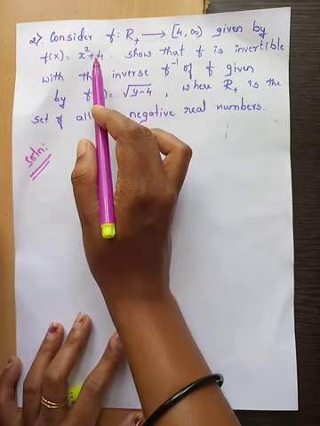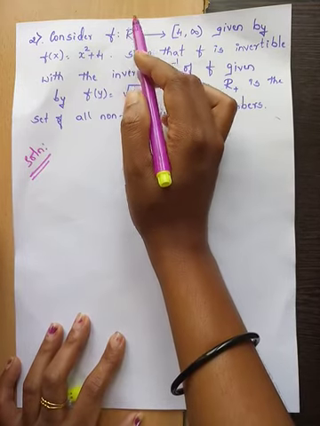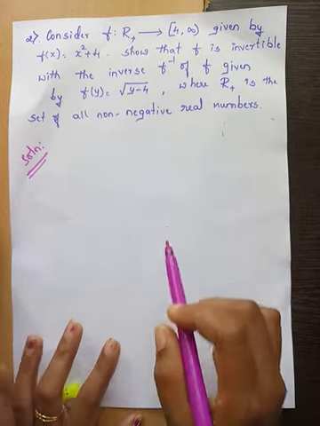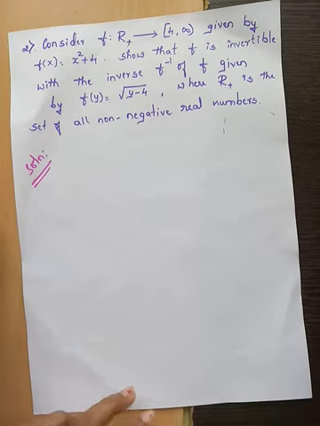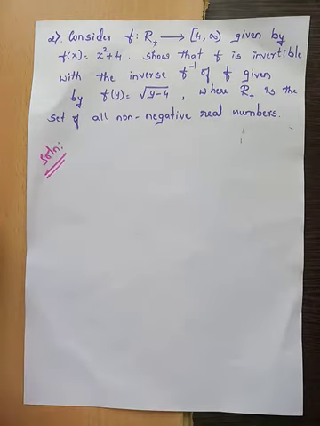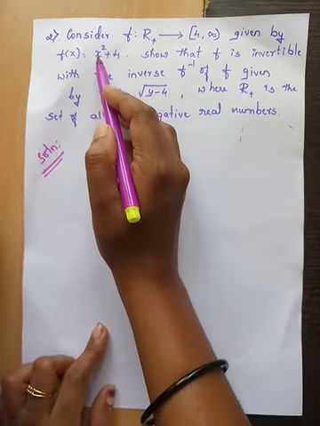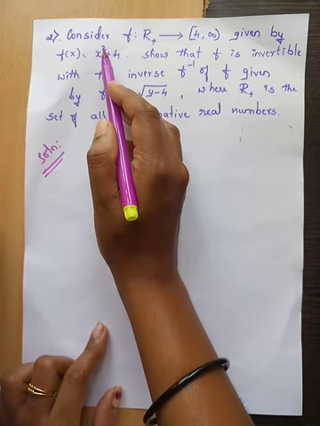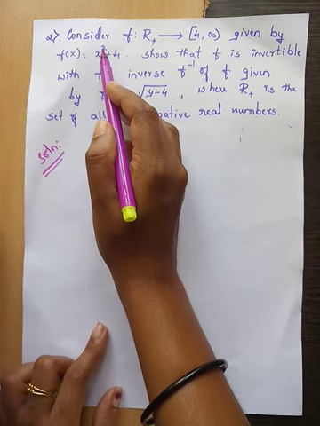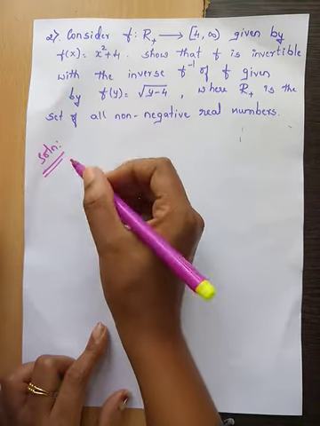Now you may wonder why we have restricted the domain to non-negative real numbers. Even if we take negative real numbers, since we have x square, what happens?